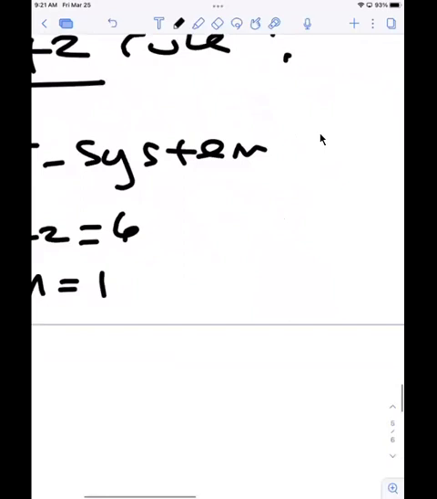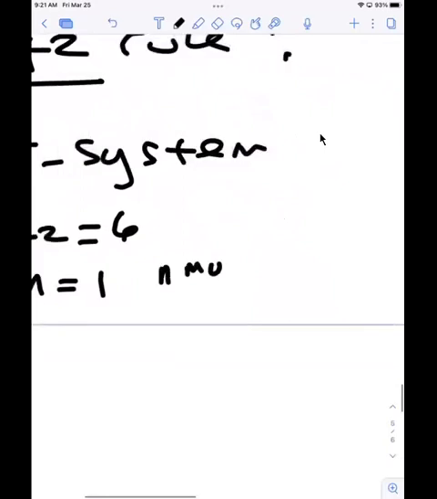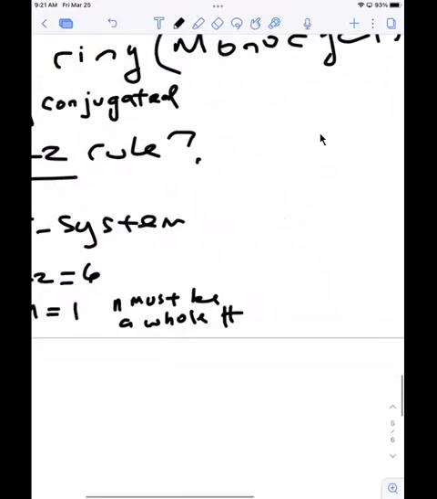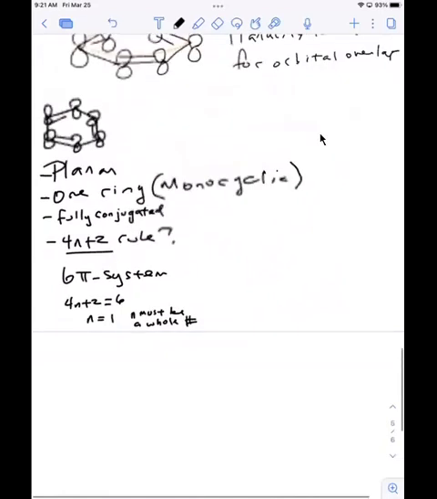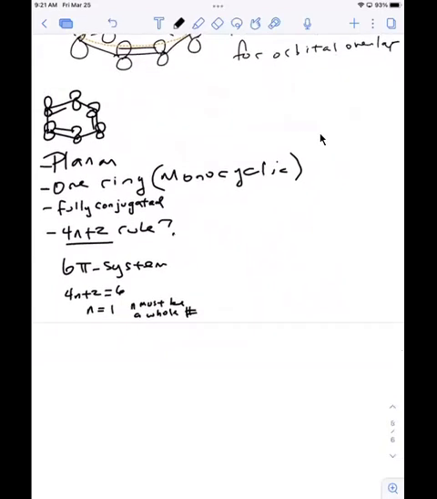So as long as n is a whole number, then we can say that that system meets the 4n plus 2 rule. All right, if n is not a whole number, then it doesn't meet the 4n plus 2 rule. And in order for something to be considered aromatic, every one of these criteria has to be met.